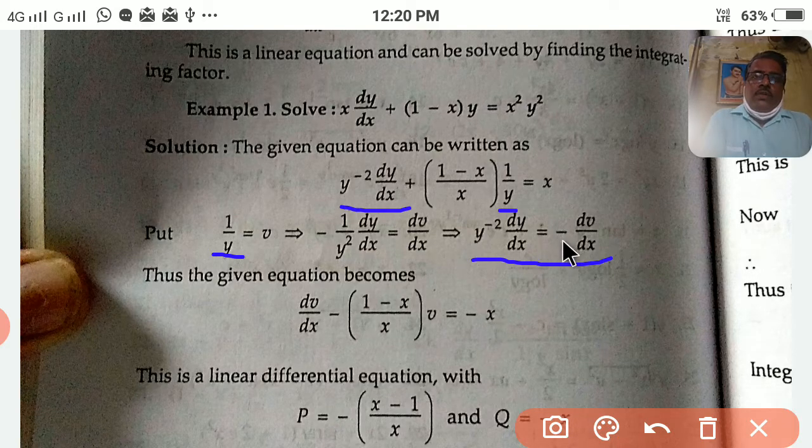Here also it will come minus. And in this it is plus, so I have taken minus common and multiplied here, which gives minus x here, that's all.